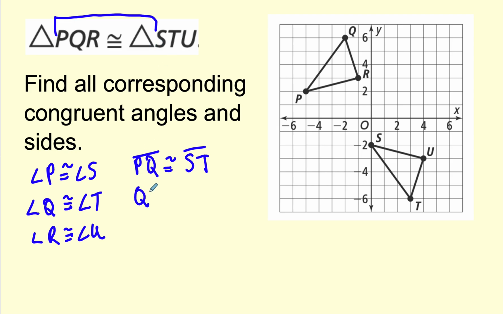The second two letters, QR, is congruent to the second two letters, TU. And then the first and the last letter, PR, will be congruent to SU.